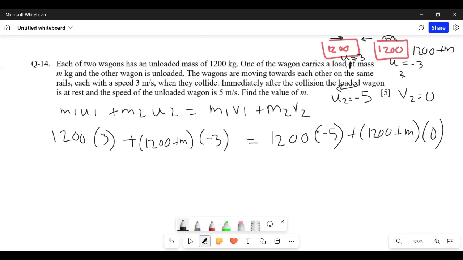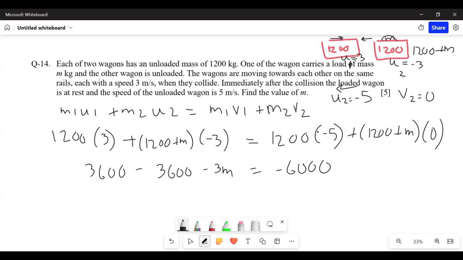So it's going to be 3600 minus 3600 minus 3m is equal to minus 6000.